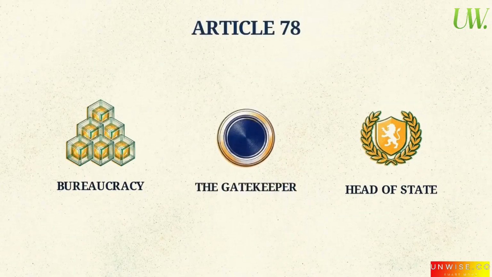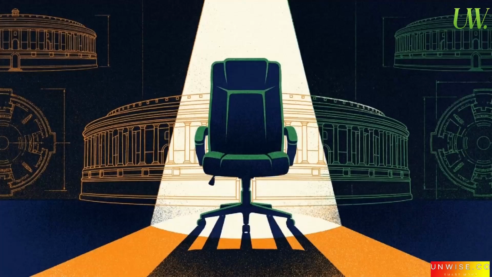Article 78 secures this dynamic by designating the Prime Minister as the ultimate duty-bound channel of communication between this massive state machinery and the President. The Indian parliamentary system is legally bound to the President, but practically, structurally, and functionally, it is engineered exclusively for the Prime Minister.